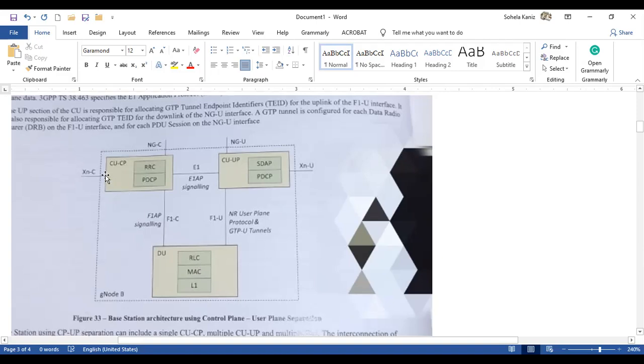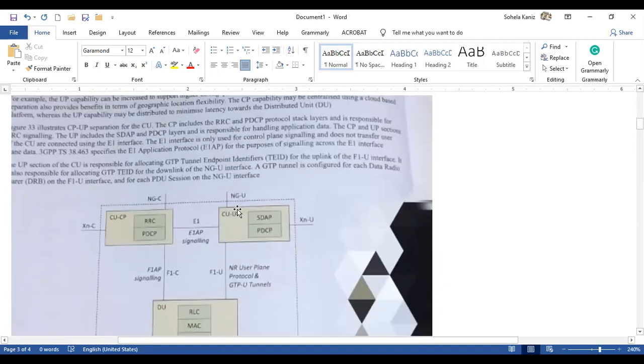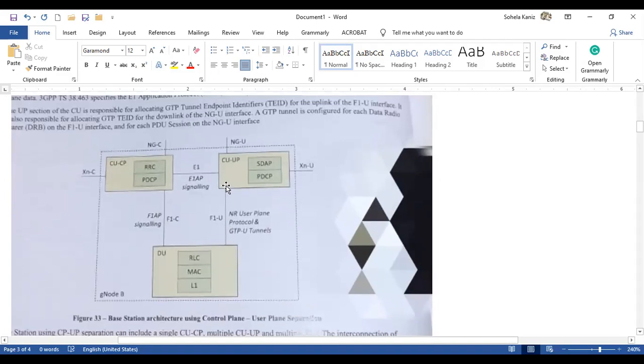These are common terms, CU-CP. In the case of DU, you have L1, MAC, RLC. Now in CU, you split. You have user plane and you have control plane. Then of course you connect to your core network using the two interfaces, user plane interface and control plane interface. And here also you have separate connections for user and control plane.